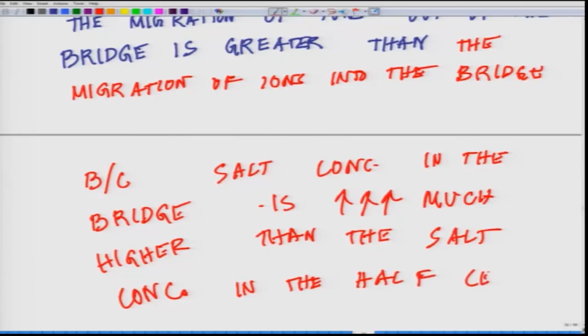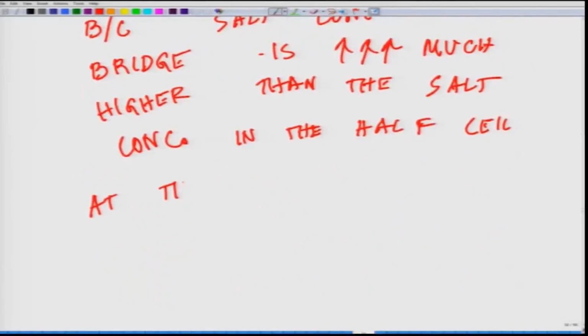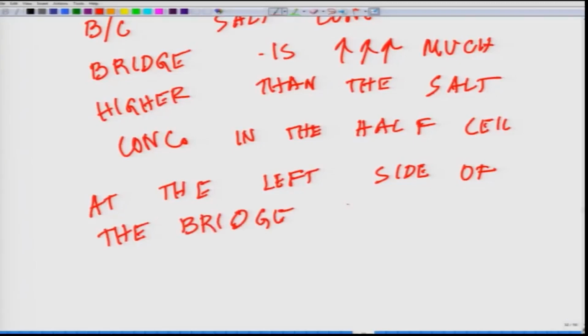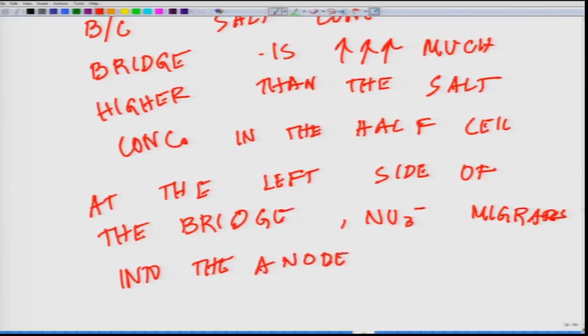So, that tells you why there will be more diffusion from the salt bridge as compared to into the salt bridge. At the left side of the bridge, which is the anode side, NO3 minus migrates into the anode compartment.